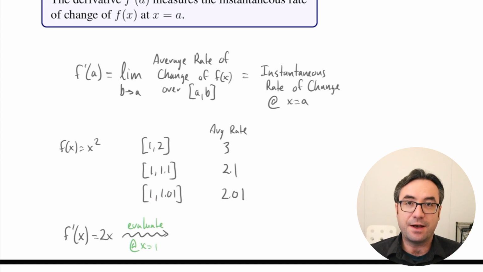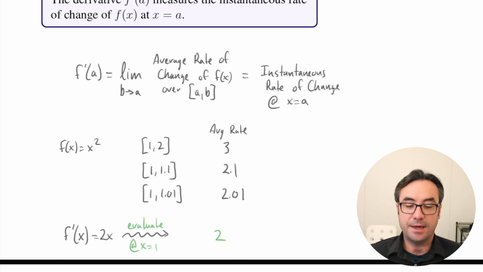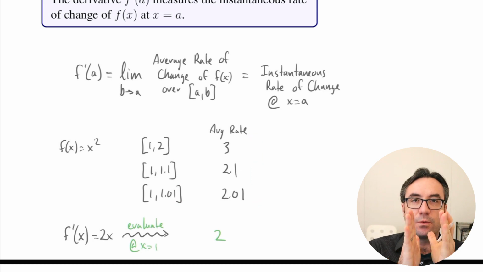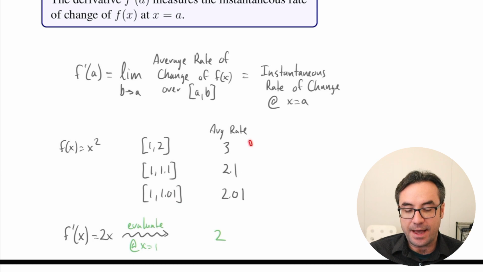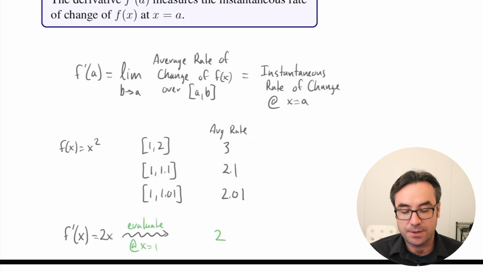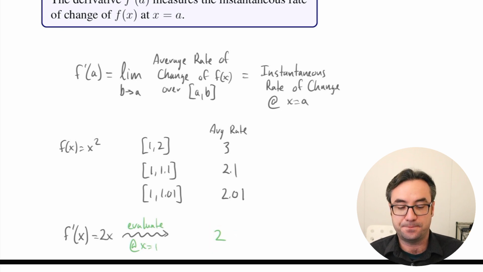Well, if we evaluate this derivative at x equals 1, what we end up with is 2. And so as our intervals shrink down, we're averaging fewer things together. And as we read down the table, these average rates of change get closer and closer to our instantaneous rate of change.